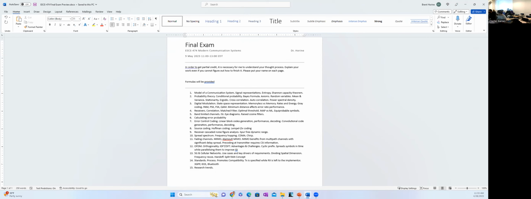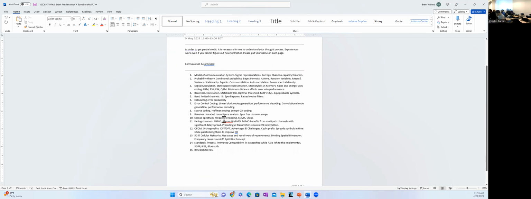Then things like, okay, so I'll talk just a little bit more about MIMO here as we look at how MIMO's implemented in 5G. In particular, I'll talk about this Alamouti approach, which is a classic type of approach. But understand that MIMO benefits from multipath channels with significant delay spread.